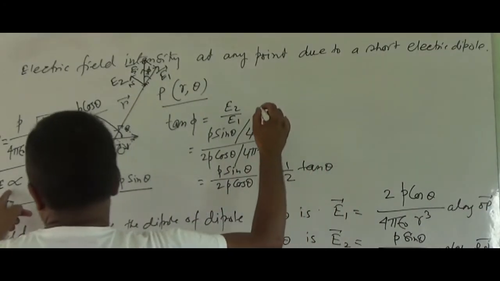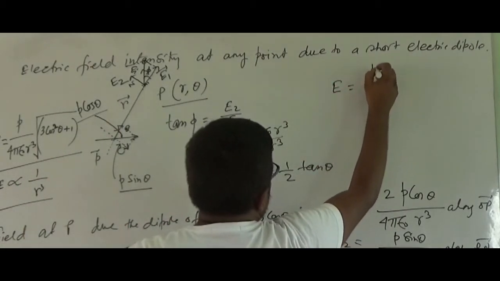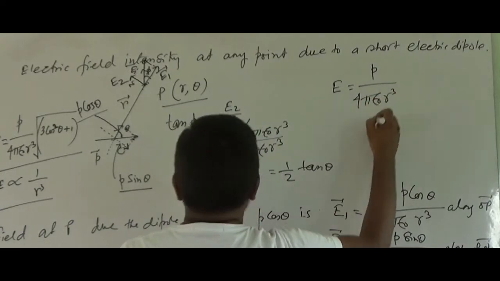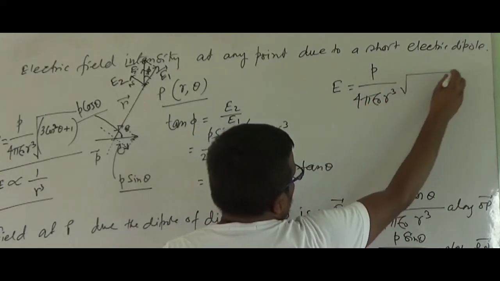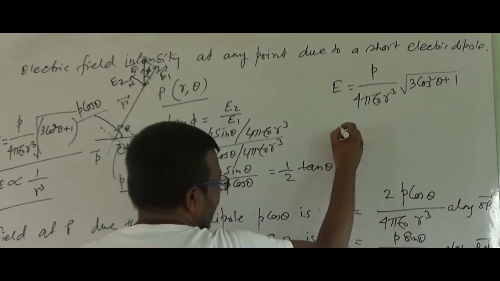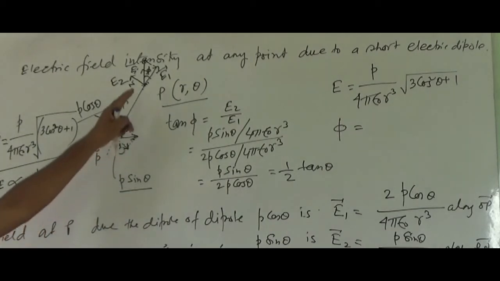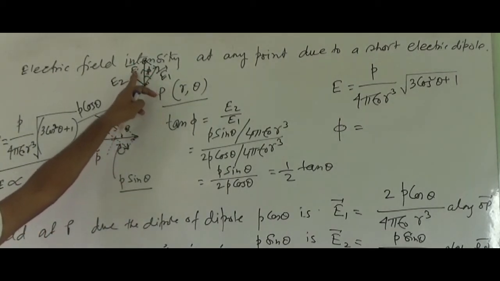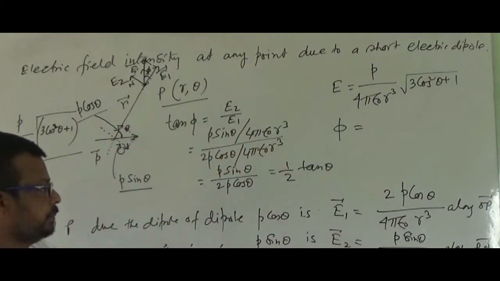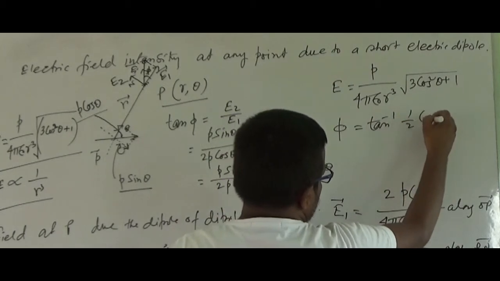Therefore we get the magnitude of the electric field P divided by 4 pi epsilon naught r cube into root over 3 cos square theta plus 1 and phi angle, that is the angle of resultant electric field with the r vector, phi is equal to tan inverse half tan theta.